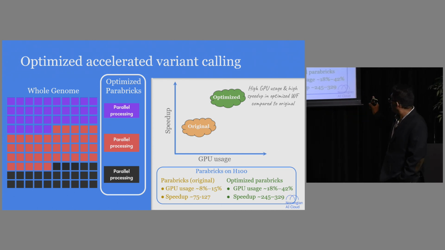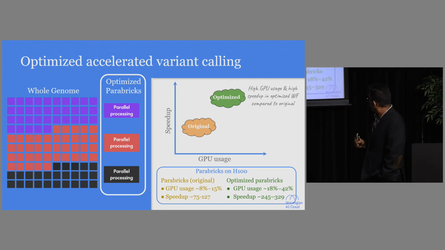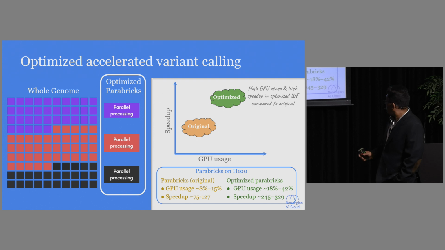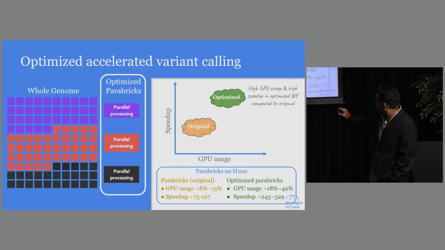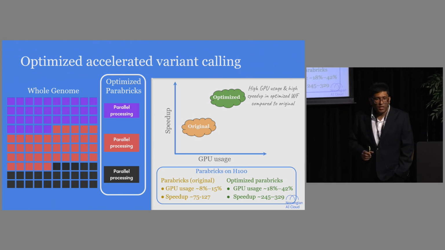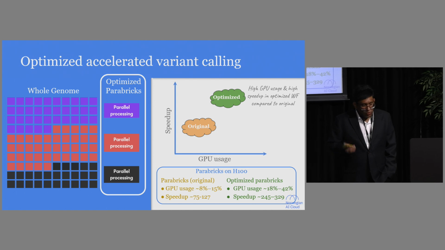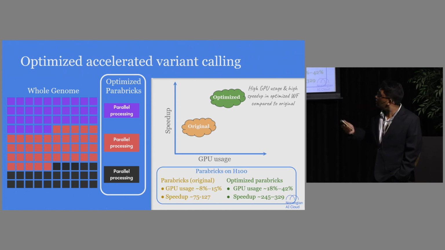Around 18 to 42% of the GPUs were utilized during the Parabricks run, and most importantly, the speed up jumped to 245 to 329. This is a considerable jump from what we observed in the original. So we demonstrate that we can further improve the speed up by optimizing these workflows.